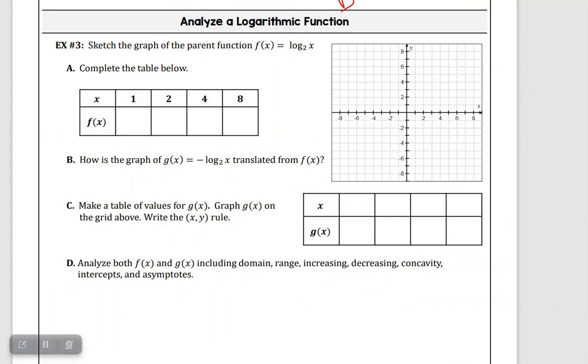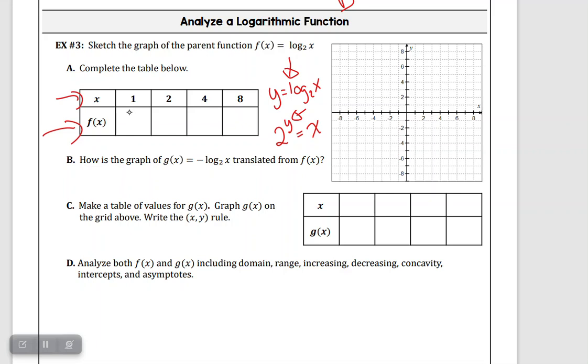This is just having us look at a parent graph of a logarithm with some translations and thinking of the rule. Now, they filled in the x values. I really, really highly recommend that you don't do it that way. If you do it like this and change it to the exponent and fill in your y values first, and then the x, it's going to work a lot easier.